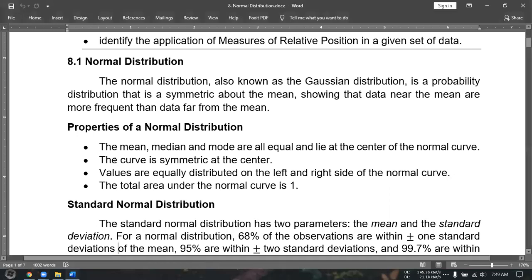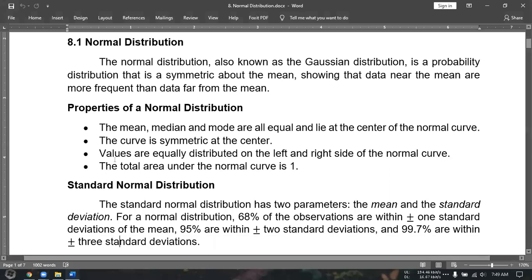Then we have the standard normal distribution. If you have the given raw data or raw scores, you have to convert each score into standard scores. And using these standard scores as points, you can actually graph your scores. Now the graph is a normal curve, and a normal curve is a bell-shaped curve.